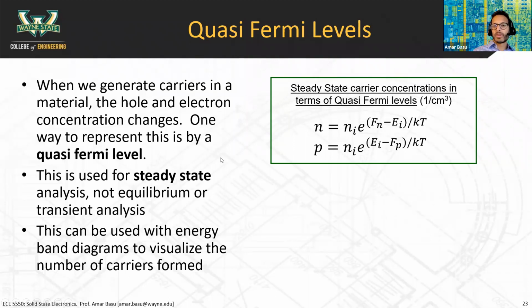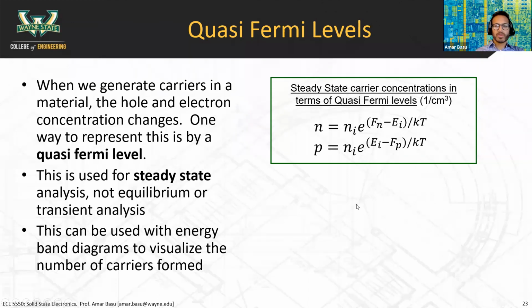This is the equation which describes the electron and hole concentrations in terms of a quasi-Fermi level. You'll notice that this is very similar to the original equation for electron concentration. You have your n sub i, and then you have the exponential of the difference in two energies.